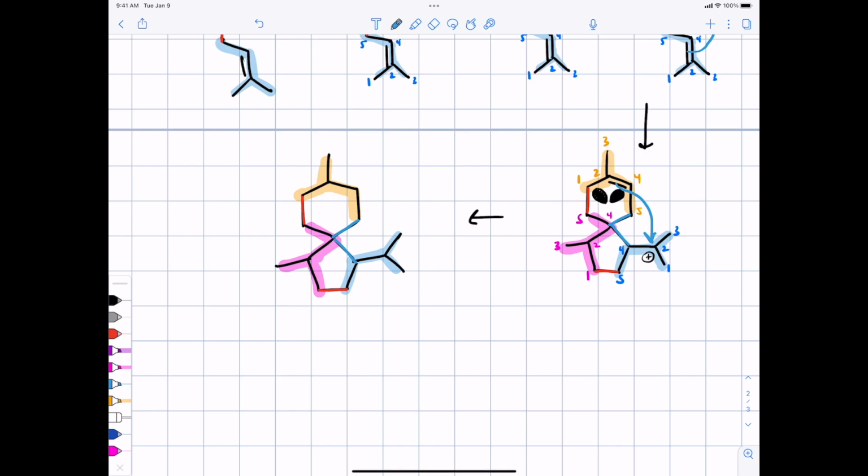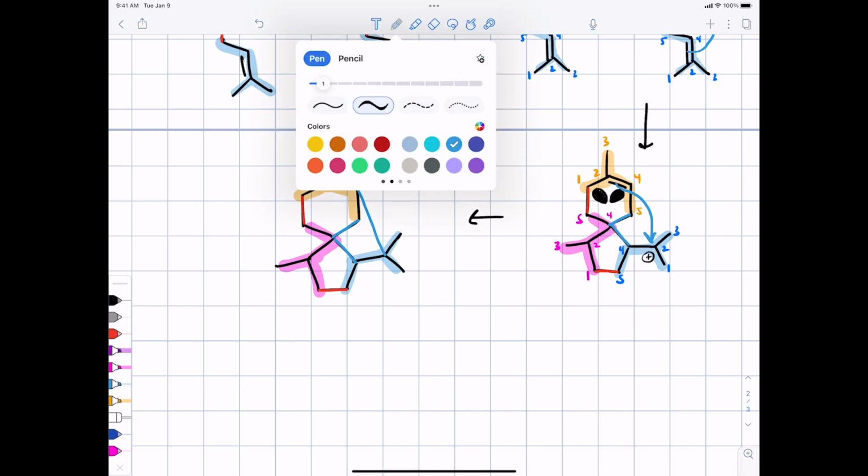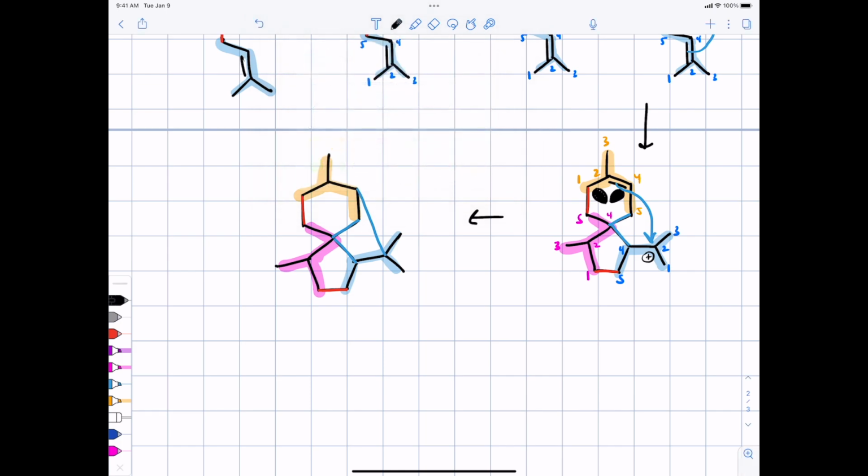All right, so that's going to be a bond here between 4, 1, 2, 3, 4, 5, with a positive charge on orange carbon 2, which is the more substituted carbon where it's more stable.